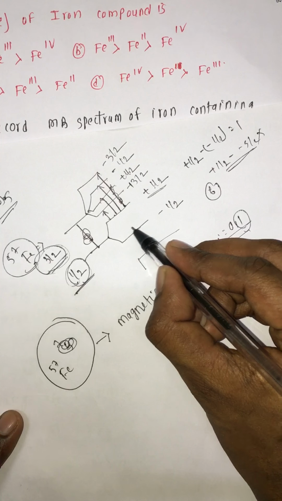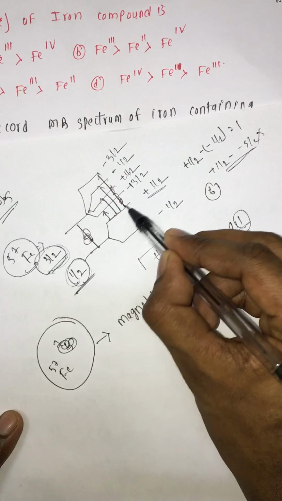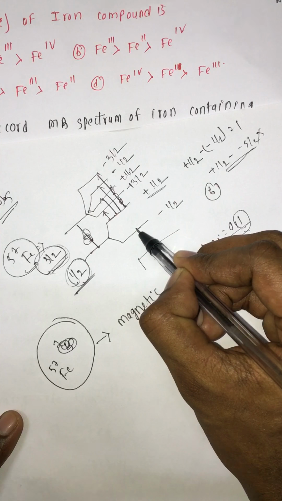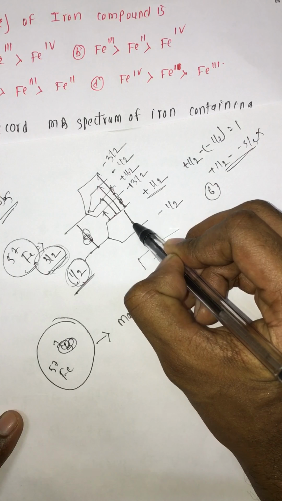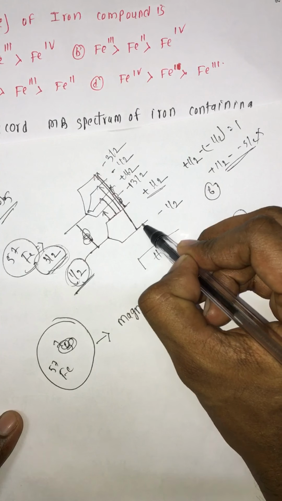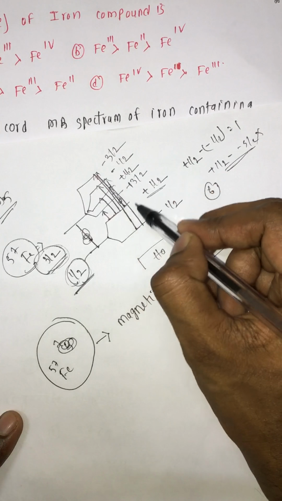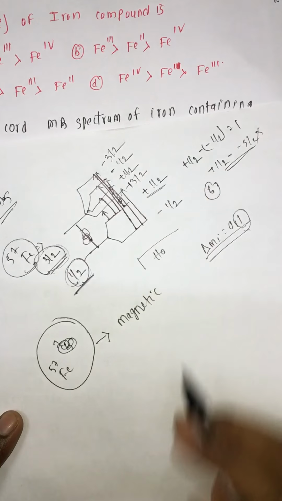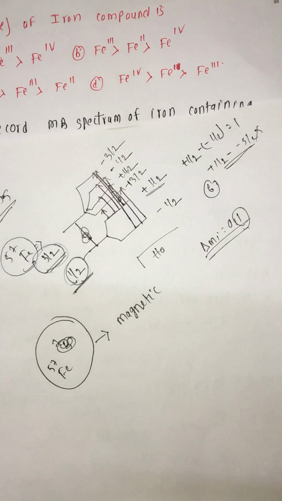Now there are 3 transitions from this state, and similarly from the other state also 3 transitions. So 6 transitions are possible.